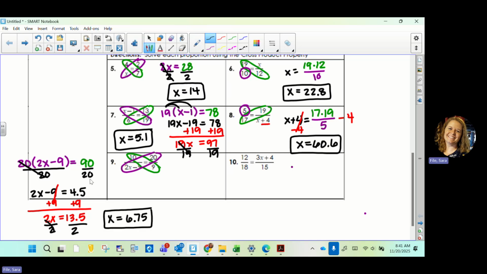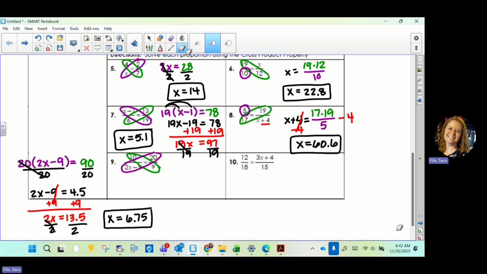If you distributed the 20 and then solved it, you would get the same answer. And you could check this by plugging it back in here. If I plugged in 6.75 times 2 minus 9, and then I checked that ratio, 4 divided by that is the same as 20 divided by 9. Okay, so you can always go back and check those.